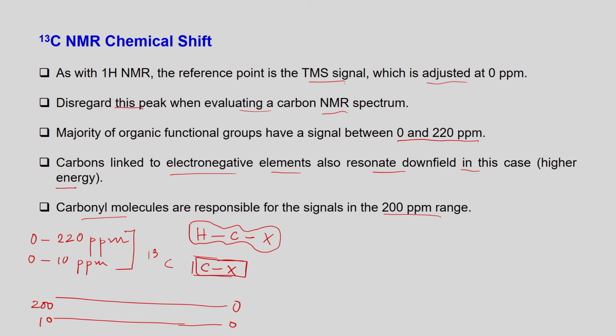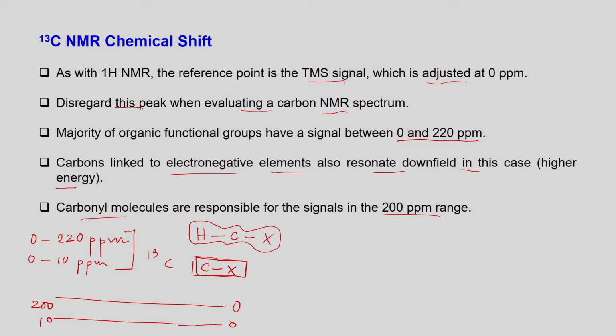That is why you see a range pretty high, 0 to 200 as compared to 0 to 10. It is a 2 atom phenomenon here, but in the proton case it is a 3 atom phenomenon. That is why these shifts are higher.